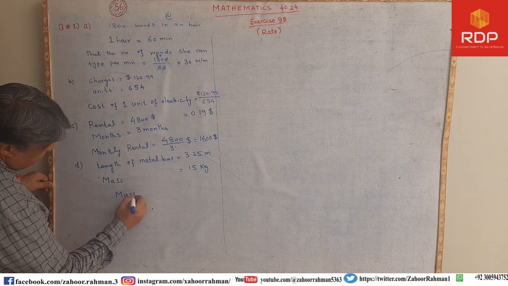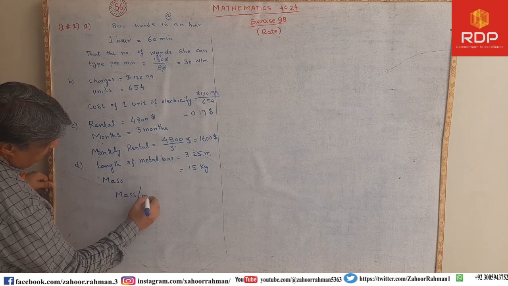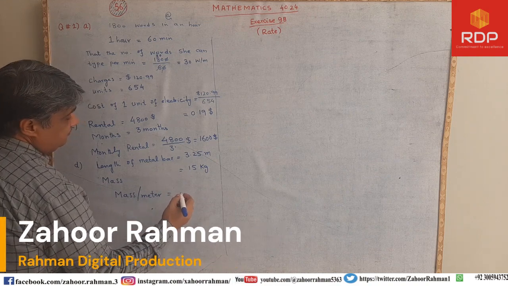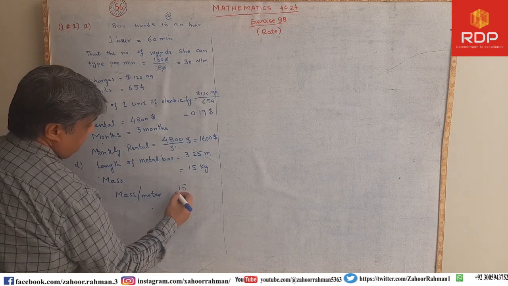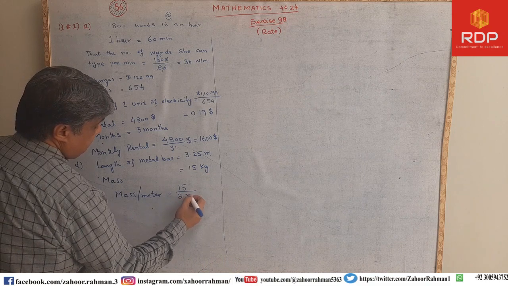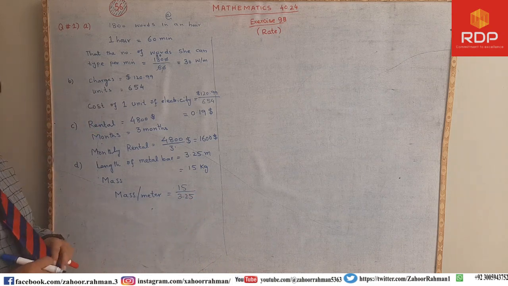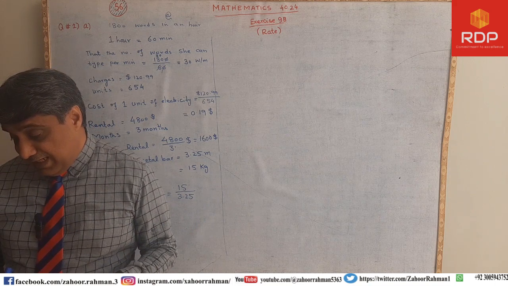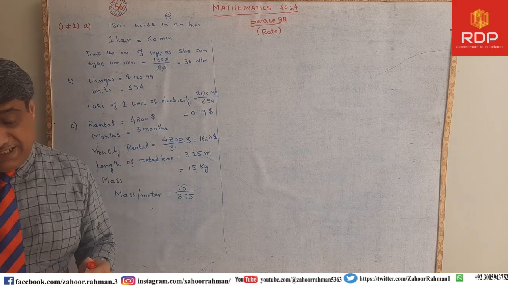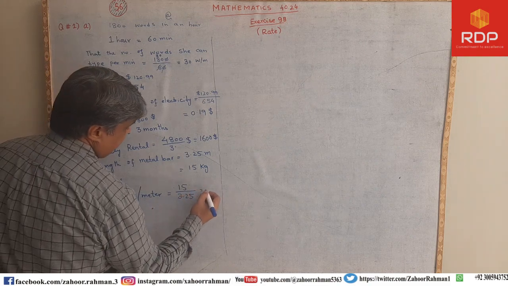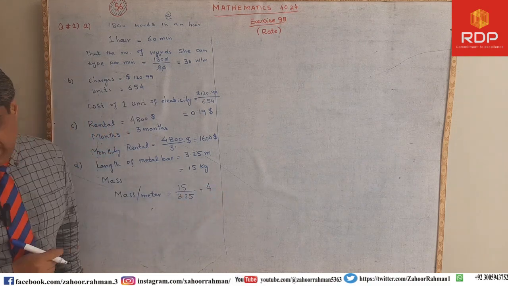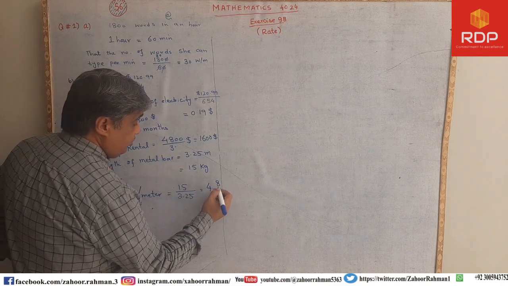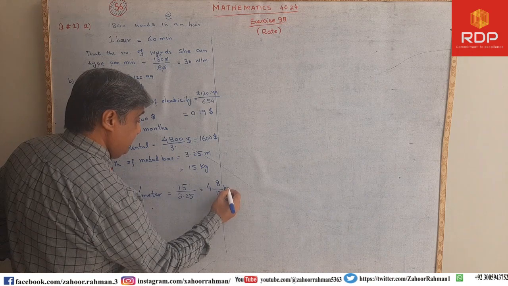So mass per meter is equal to 15 divided by 3.25 kilograms, and I already calculated that, and that is 4 whole 8 over 13 kg.